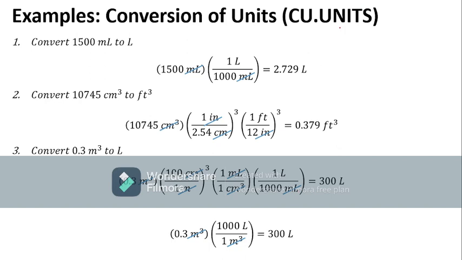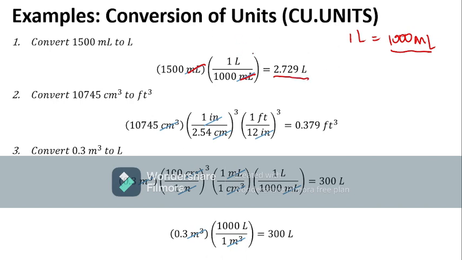For every 1 liter, it is equivalent to 1,000 ml. Given ml tayo, so dapat yung 1,000 ml nasa baba. So, cancel, cancel. 1,500 times 1 divided by 1,000. So, we will have 2.729 liters. This is your desired unit.